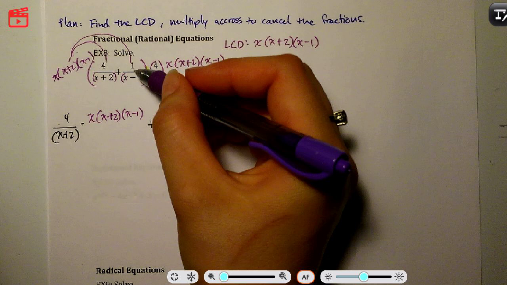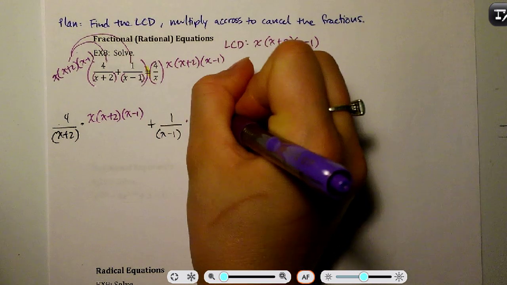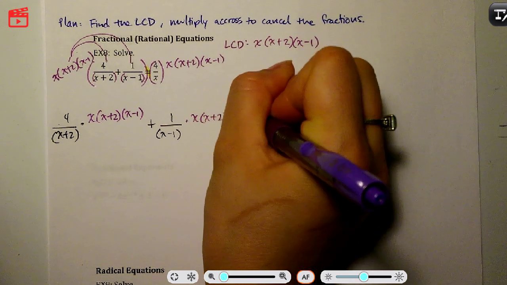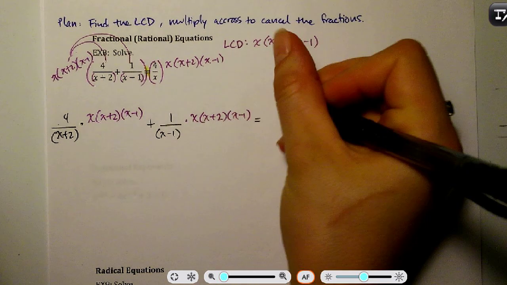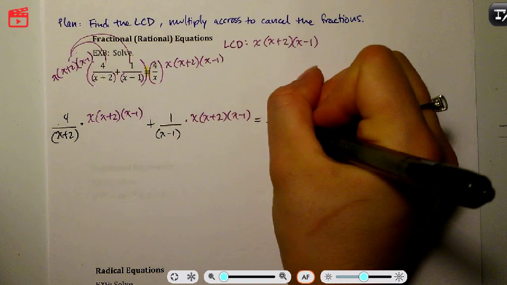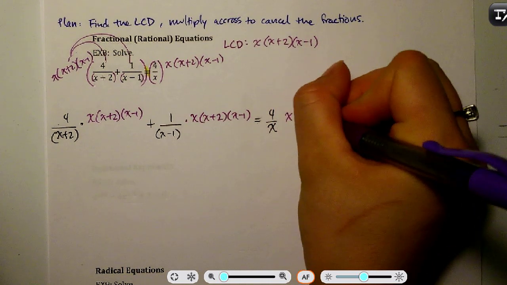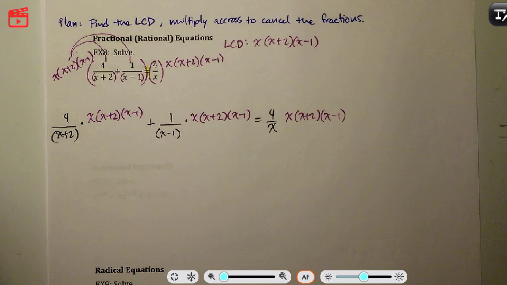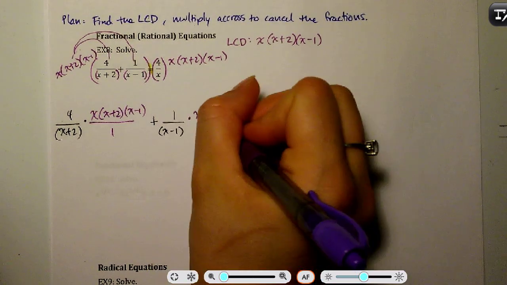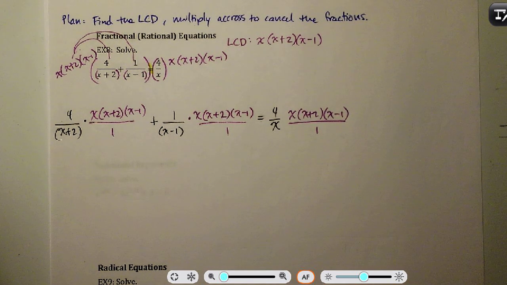And then we distributed that in. So that's going to be times x plus 2 times x minus 1 equals this whole value, 4 over x times x plus 2, and x minus 1. And we can write these all over 1, make them into a fraction. You can do that to any number or term.